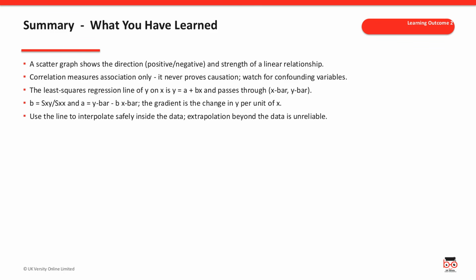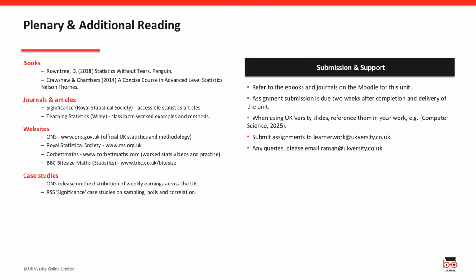The gradient b is Sxy over Sxx, and the intercept a is y bar minus b x bar. Use the line to interpolate safely inside your data and steer clear of extrapolating beyond it. That completes our tour of correlation and regression, from reading a scatter to fitting and interpreting the least squares line.